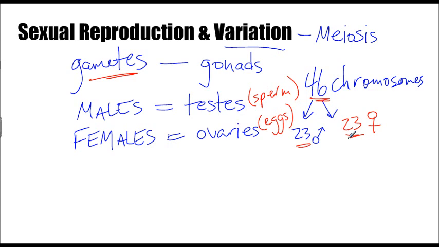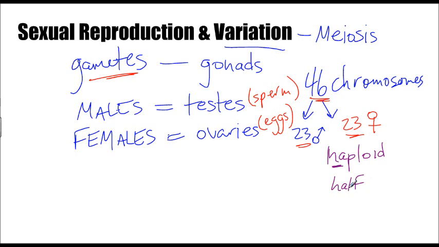These are the only cells in the human body that actually have only half the number of chromosomes. So half the number of chromosomes, 23, is referred to as haploid. We could say that sperm and egg cells have a haploid number of chromosomes, haploid meaning half.